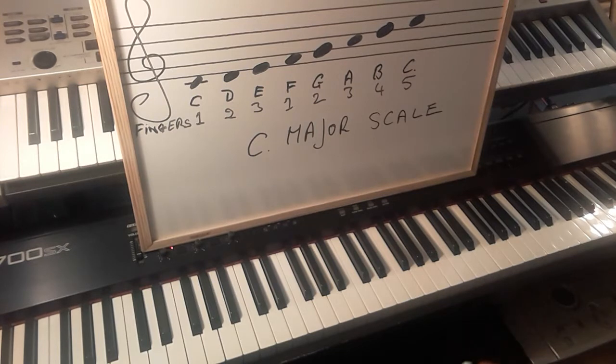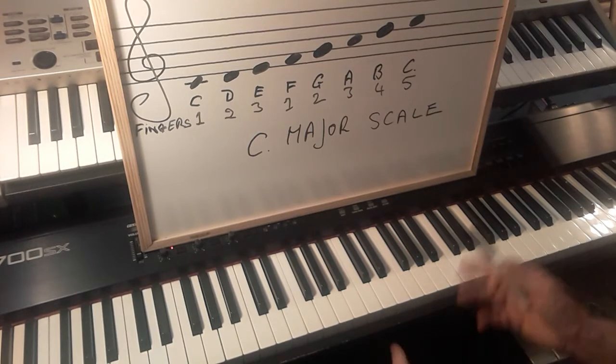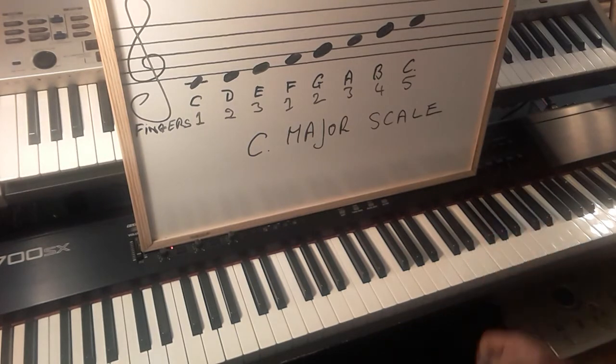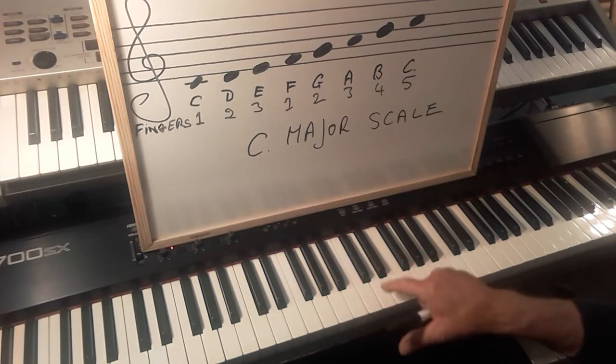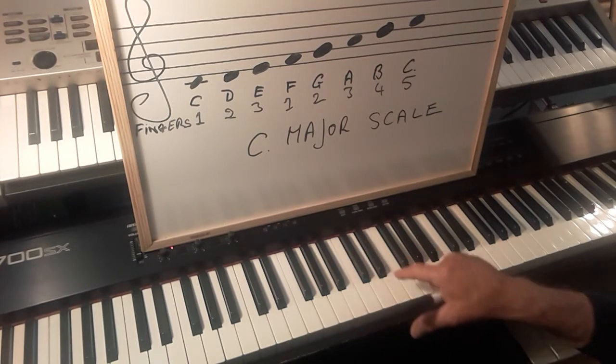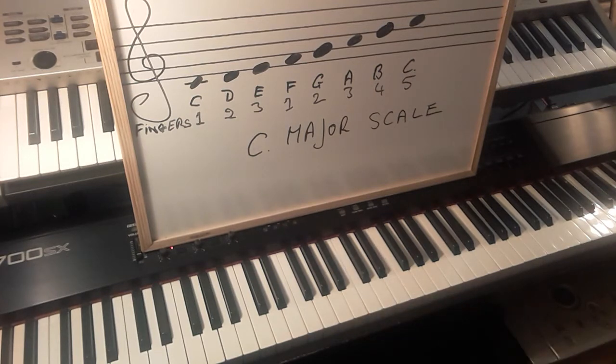Right, anyway, I'm going to teach you the C major scale and the structure of it today before we move on. Now then, I told you about the major thirds. I probably didn't tell you about the minor third so much, but the major third consists of two whole tones. Major means big or great. And the minor third means small, exactly what it says.